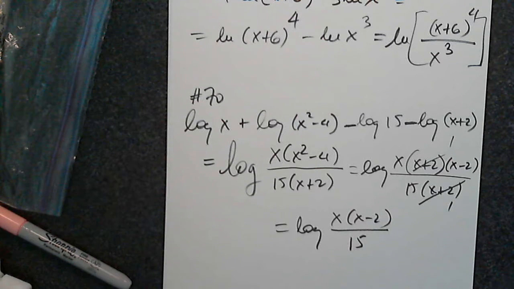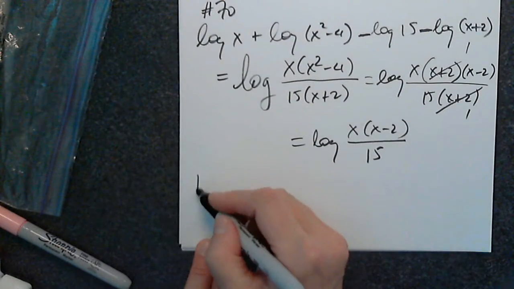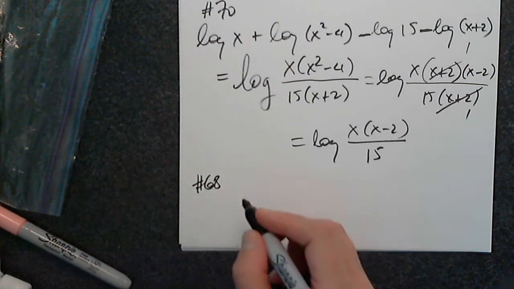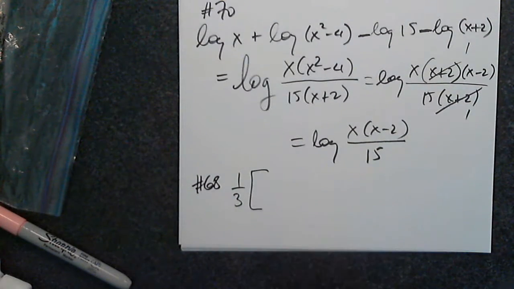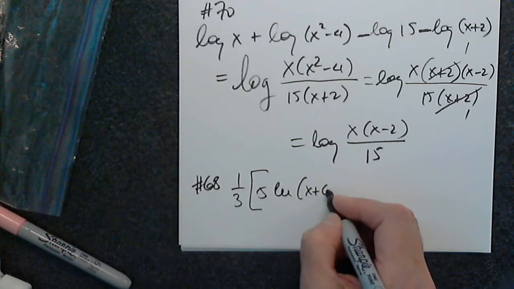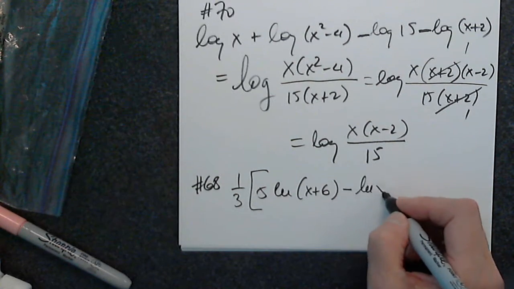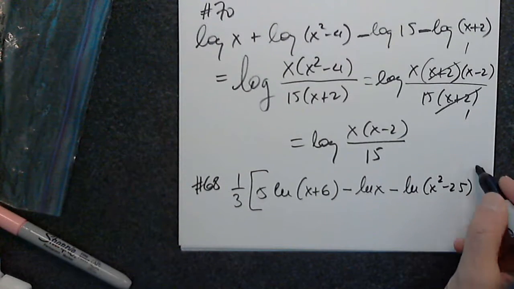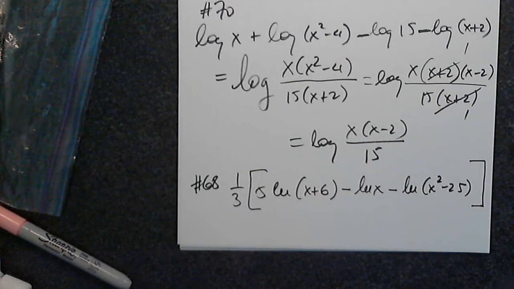Let's look at 68. One-third outside, bracket, 5 natural log of x plus 6 minus natural log x minus natural log of x squared minus 25, and close the bracket.